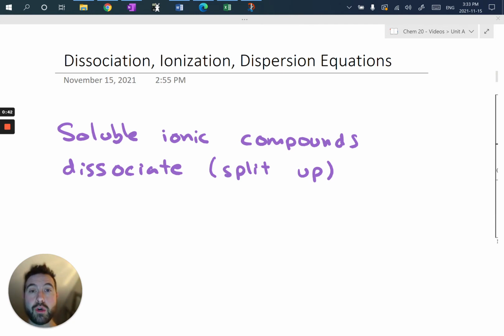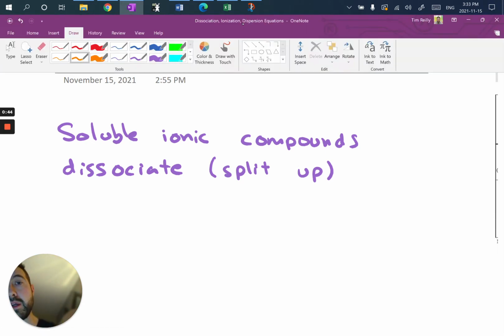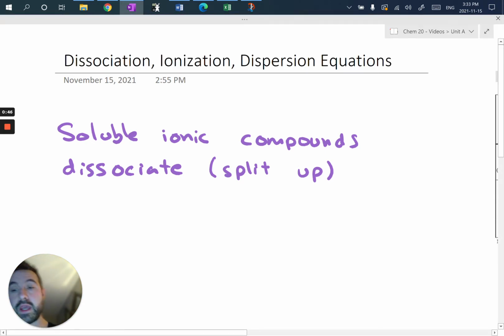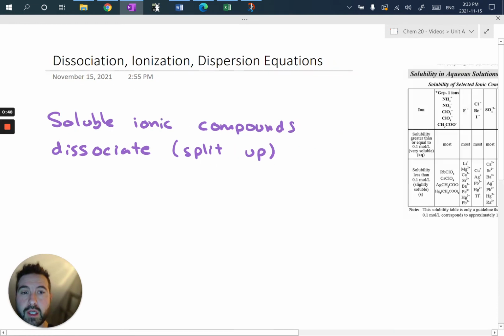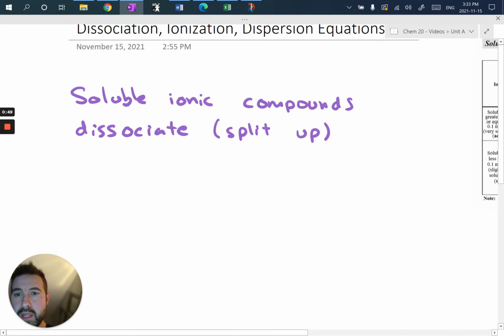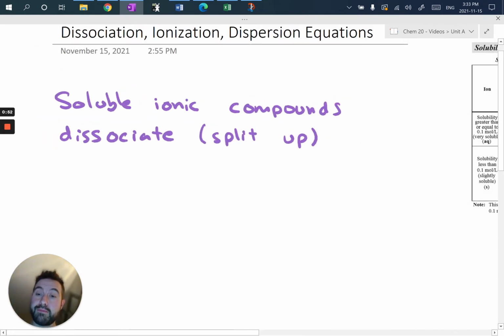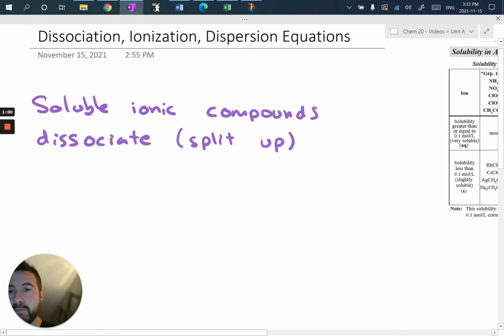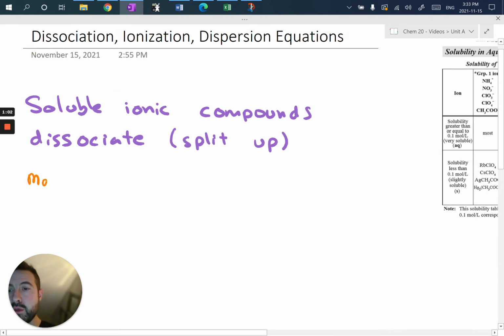Okay, so first one up here is ionic compounds. Soluble ionic compounds are going to dissociate, or split up into their ions, when they're put in a solution. So let's do an example here: magnesium nitrate.